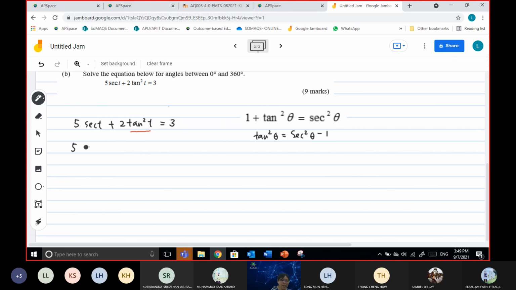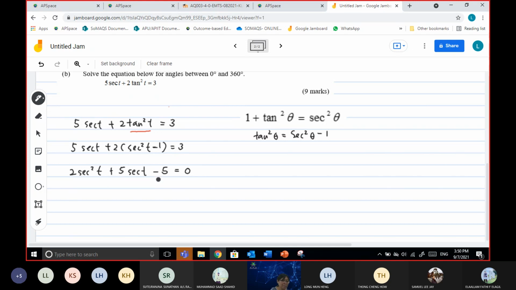Then 5 secant t plus 2 times (secant square t minus 1) equals 3. Simplify and you get 2 secant square t plus 5 secant t minus 5 equals 0. The right hand side must be 0 since we need to factorize it.